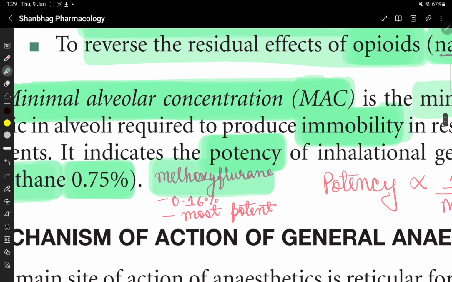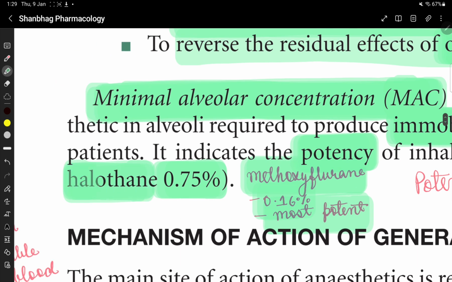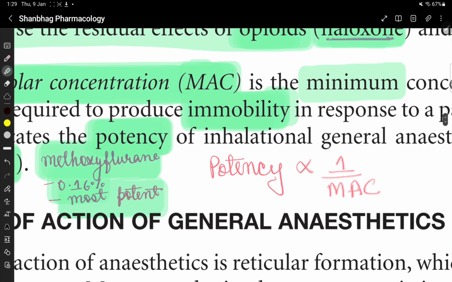Methoxyflurane has a MAC of 0.16%, so it's the most potent anesthetic. Potency is inversely proportional to minimum alveolar concentration.